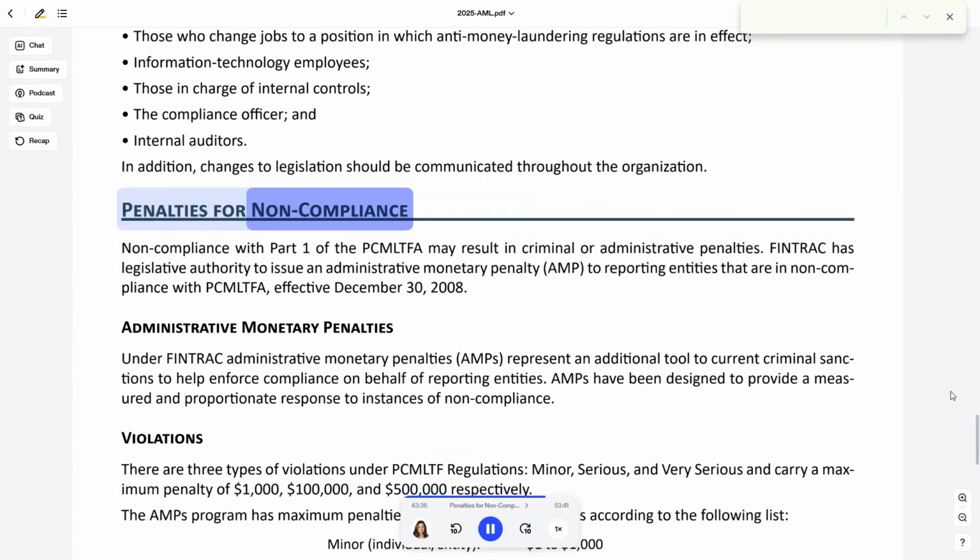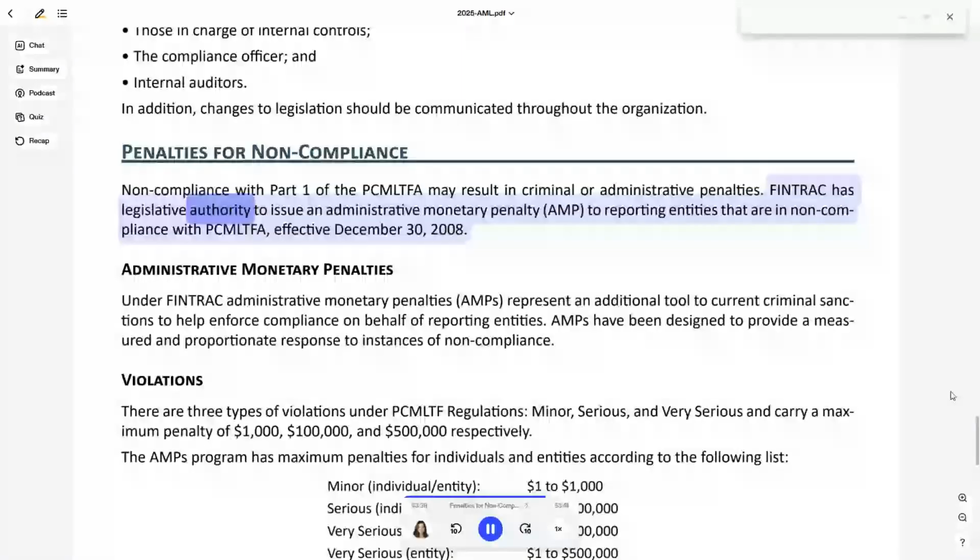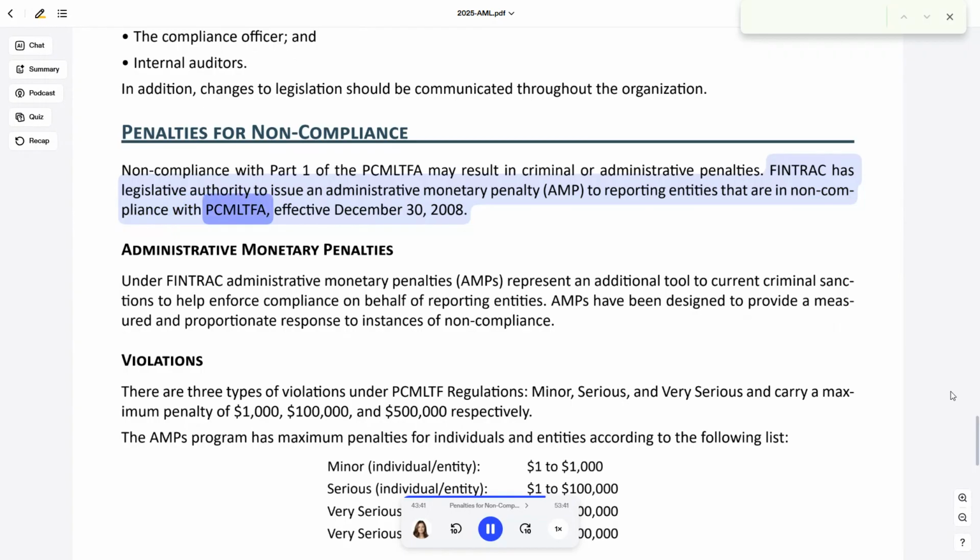Penalties for non-compliance. Non-compliance with Part 1 of the PCMLTFA may result in criminal or administrative penalties. FINTRAC has legislative authority to issue an administrative monetary penalty, AMP, to reporting entities that are in non-compliance with the PCMLTFA. Effective December 30, 2008.